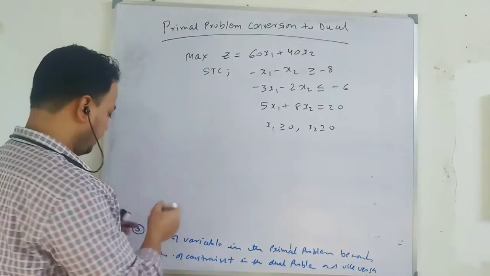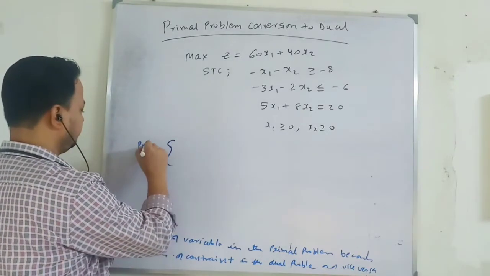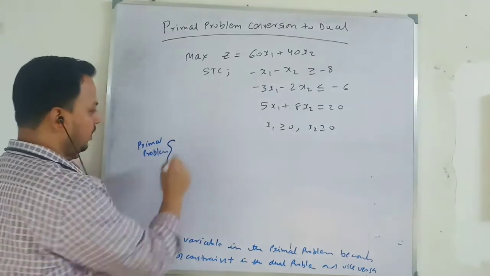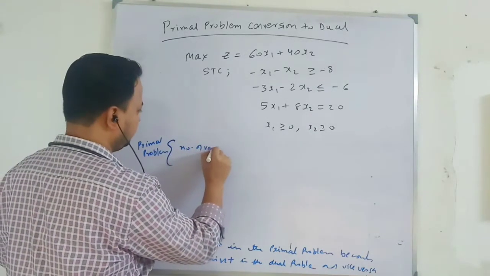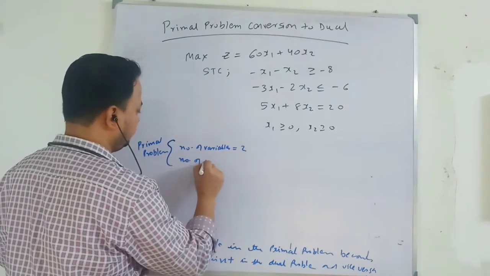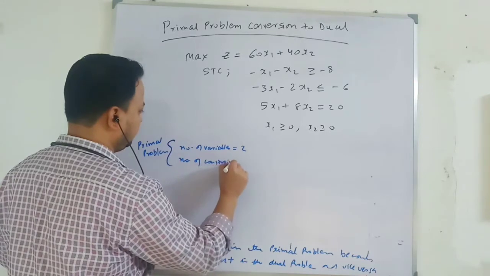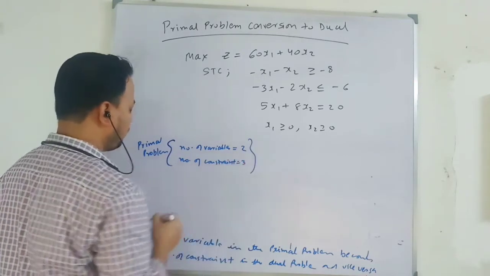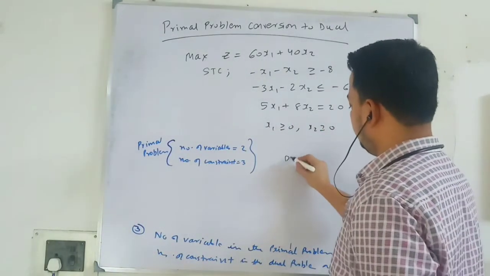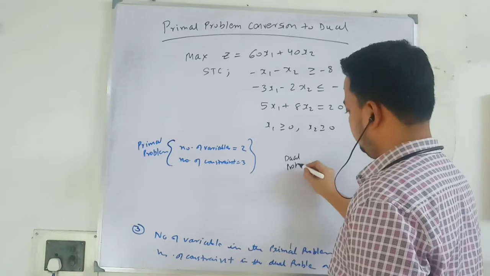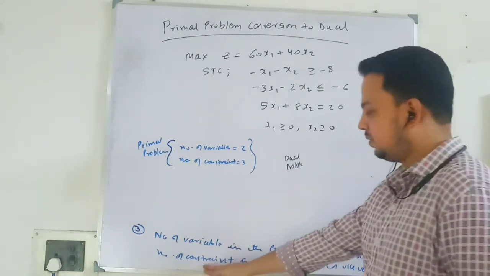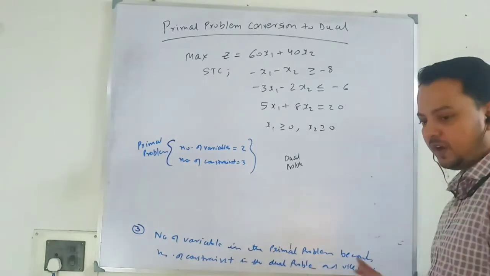Okay. So in the primal problem, how many variables do you have? How many constants do you have? 3. So in the dual problem, the number of variables in the primal problem become the number of constants in the dual problem, and vice versa.